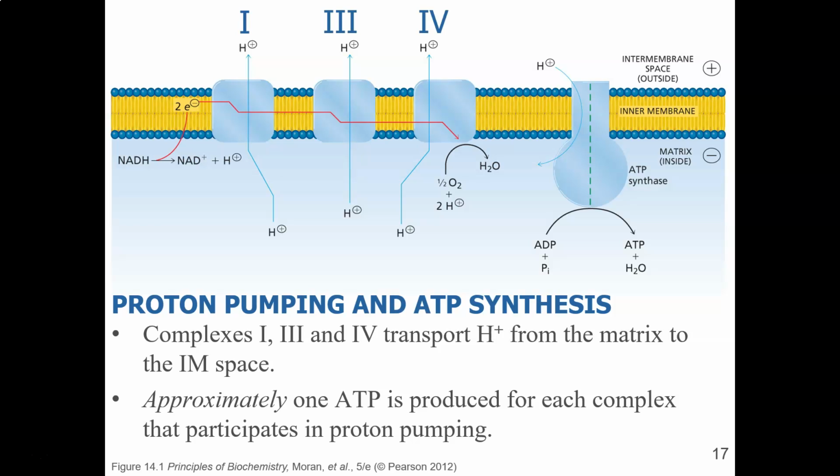So approximately 1 ATP is produced for each complex that participates in the proton pumping. I'm going to refine that later on in the lecture, but for now, let's think of it as 1 NADH results in these 3 complexes participating in proton pumping, and that would yield 3 ATPs. Like I said, I'm going to refine that later, but let's just think about it as 3 ATPs for now.